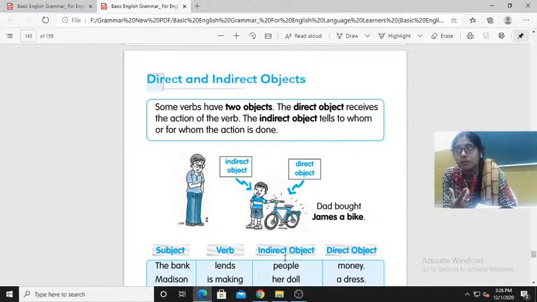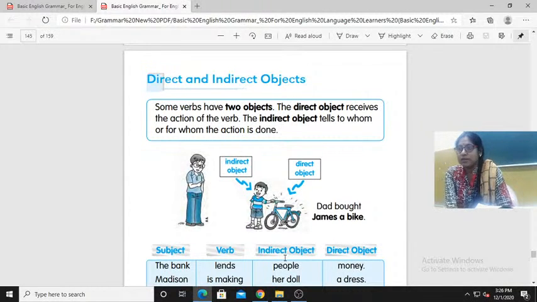So pen is the direct object, which receives the action of the verb. And the indirect object tells to whom or for whom the action is done. Now try to understand: the indirect object is me here, because she gave this pen to me.